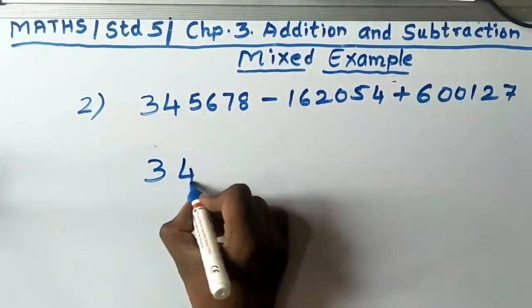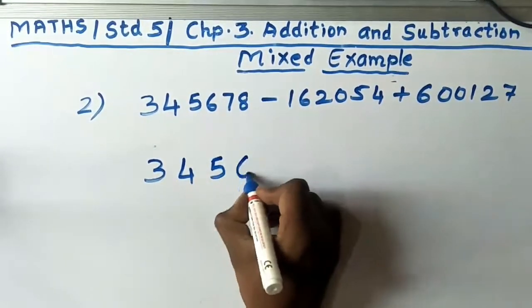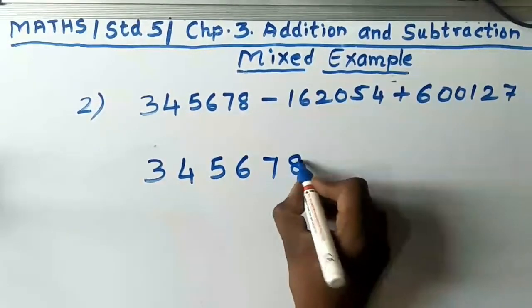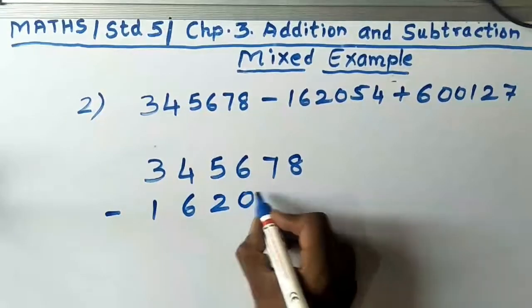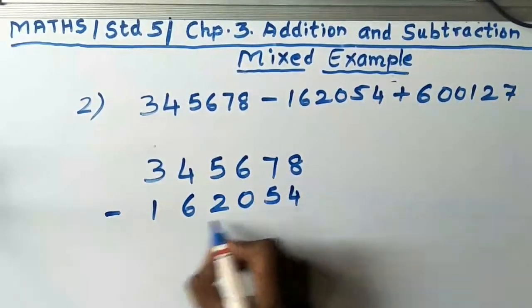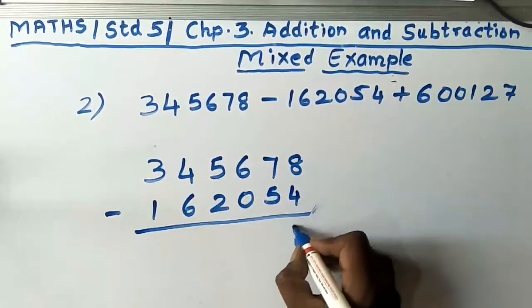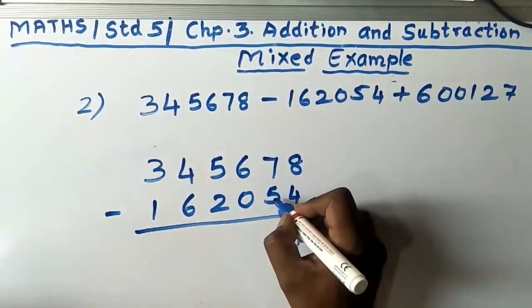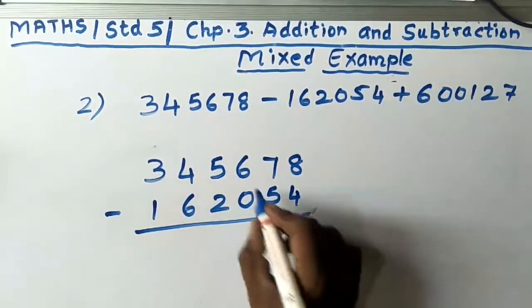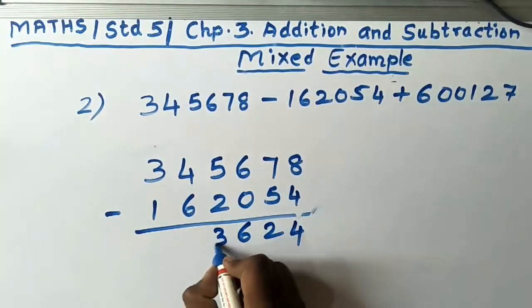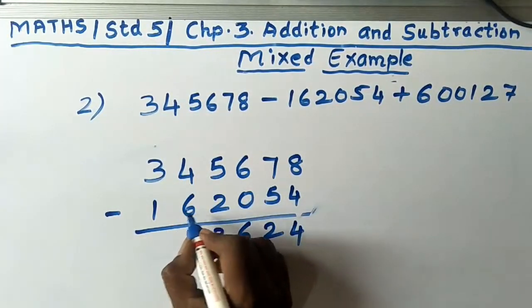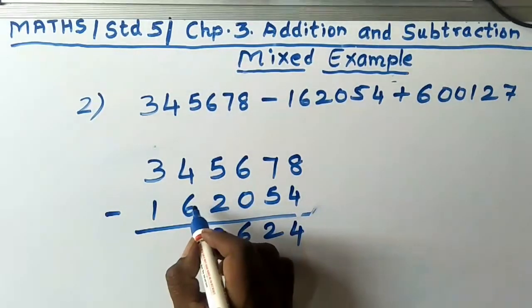3 4 5 6 7 8 minus 1 6 2 0 5 4. 8 minus 4, 4. 7 minus 5, 2. 6 minus 0, 6. 5 minus 2, 3. 4 minus 6, no, 4 will not go in 6.